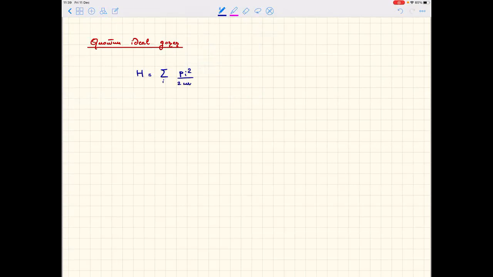Now, if we put this system in a box of linear size L, then the eigenstates are going to be E_P equal to P squared over 2m, where P is actually a vector (Px, Py, Pz), and each one of them, P alpha, is equal to 2 pi over L times N alpha, where N alpha is an integer.